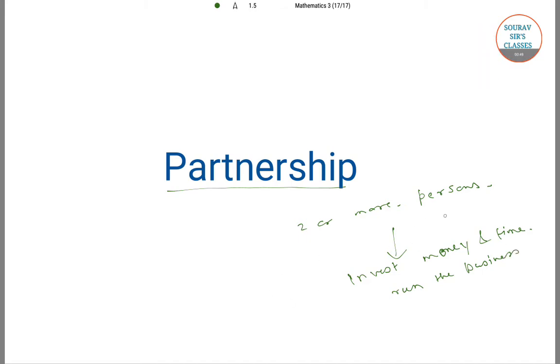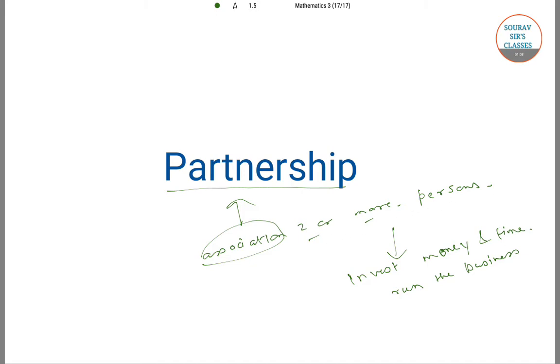This association of two or more persons to run a business is called partnership, and these members are mutually partners of each other.